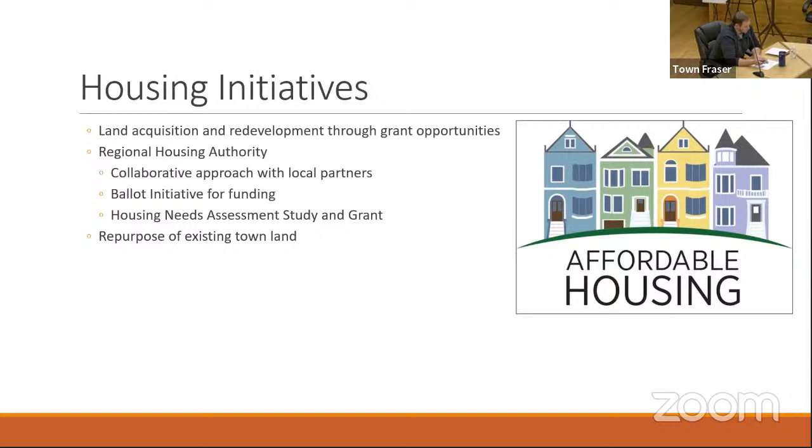Another big initiative that I'm working on with the housing initiatives is the Regional Housing Authority. That is something that I'm working on with our town manager Ed, as well as Winter Park.